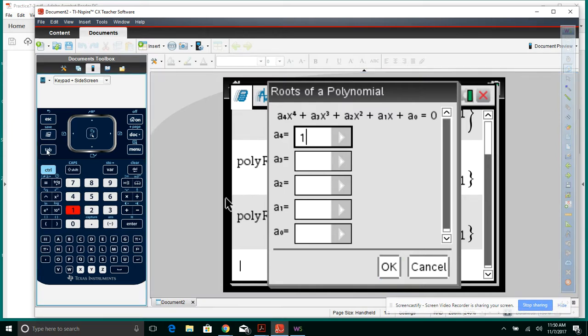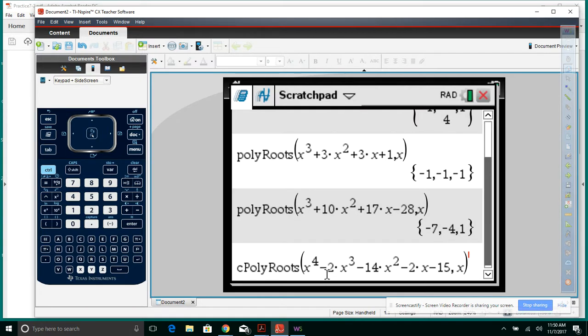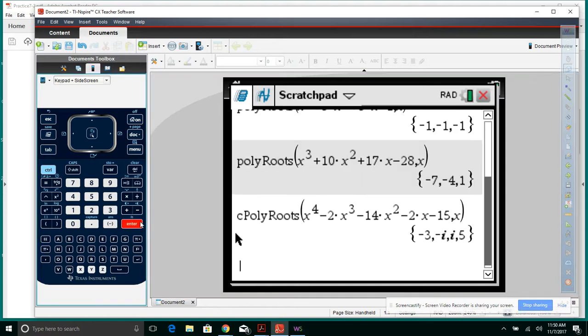1 tab negative 2 tab negative 14 tab negative 2 tab negative 15. All right, hit OK. And you got x to the 4th minus 2x cubed minus 14x squared minus 2x minus 15. And press enter.